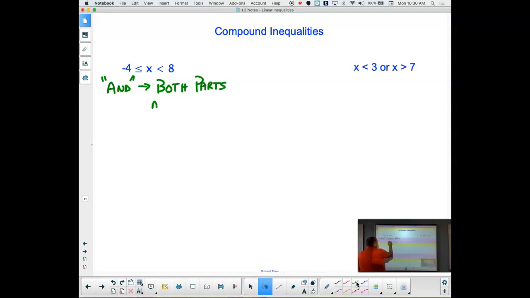Both parts must be true. Okay. The graph is going to look like a luggage handle, or a handle on something. That's what it's going to look like.